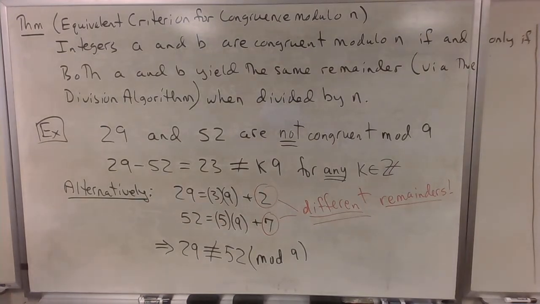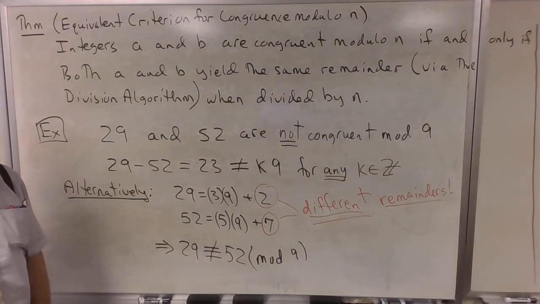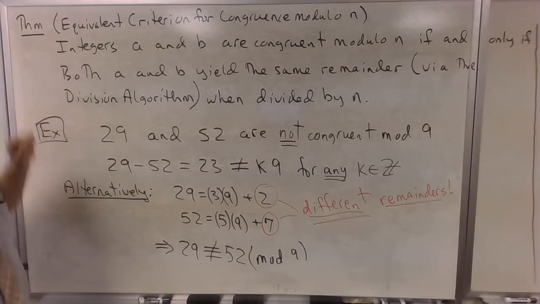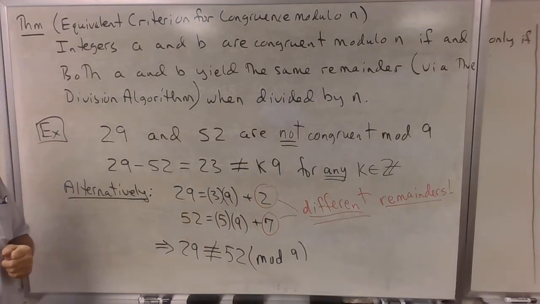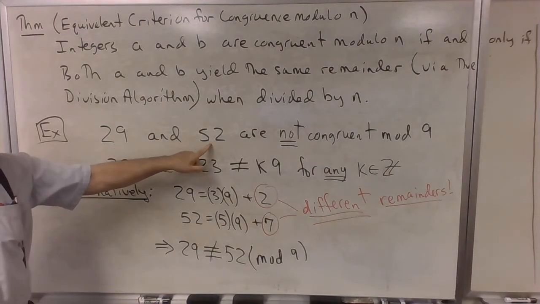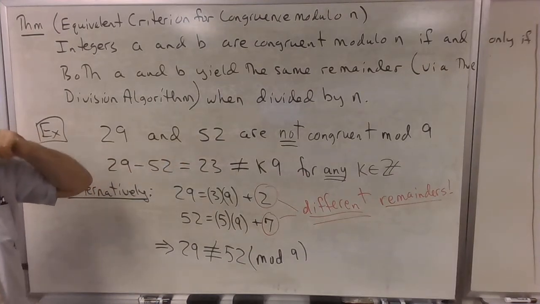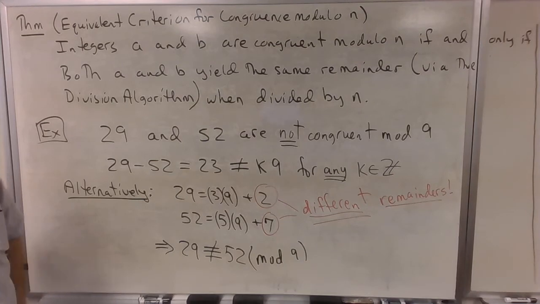I think once we get used to doing congruences and modulo arithmetic, this is probably going to be the criterion that we use. We're going to take two numbers and say, okay, 29 divided by 9 is 27, remainder 2. 52 divided by 9, that's 45, remainder 7. Remainder of 2, remainder of 7, they're not congruent mod 9.